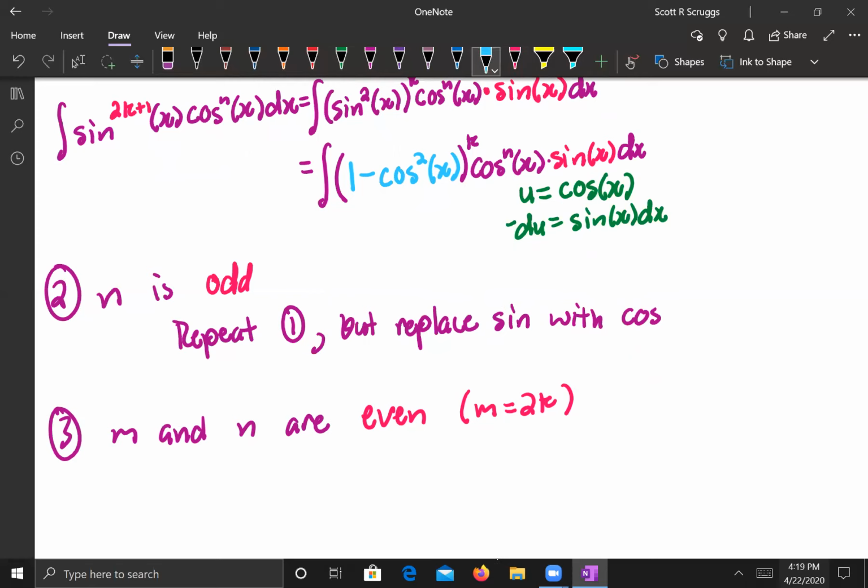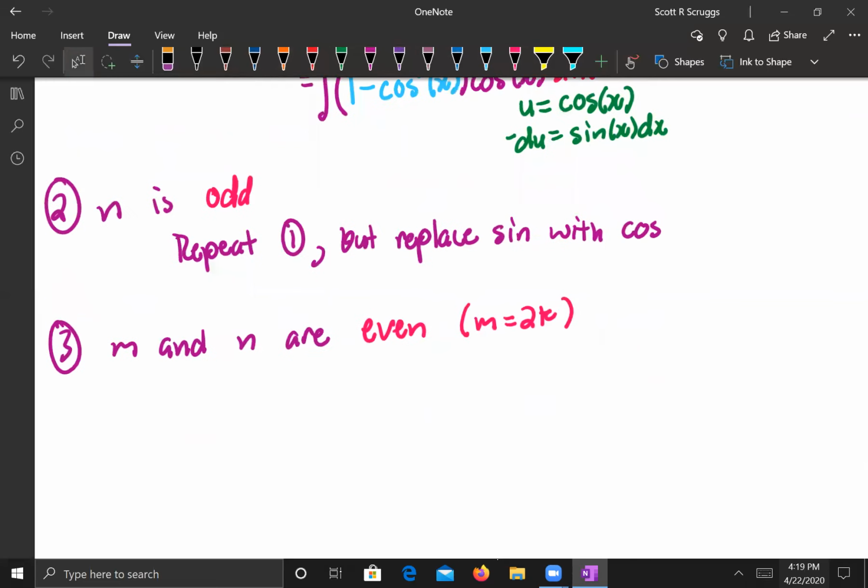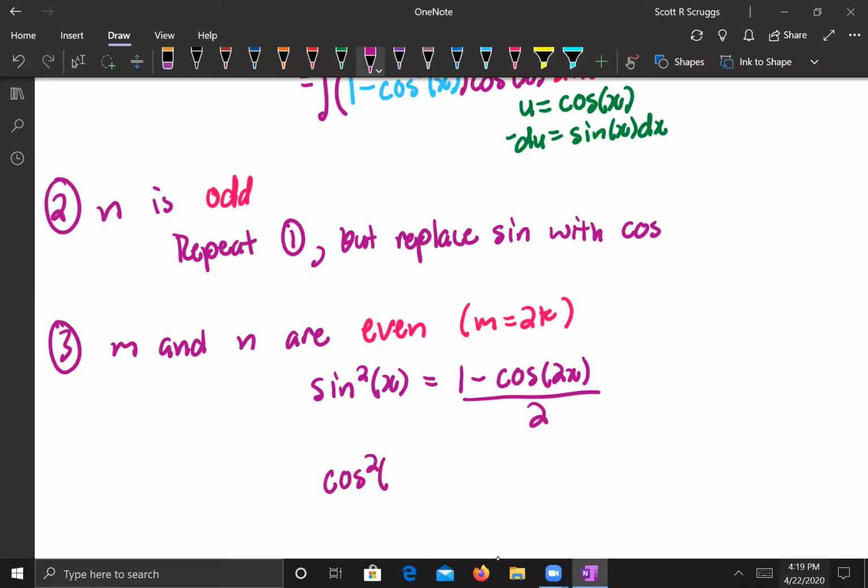If this occurs, then what we need to do is to use our half angle identities. And I'll write both the identity for sine squared and also the half angle identity for cosine squared.